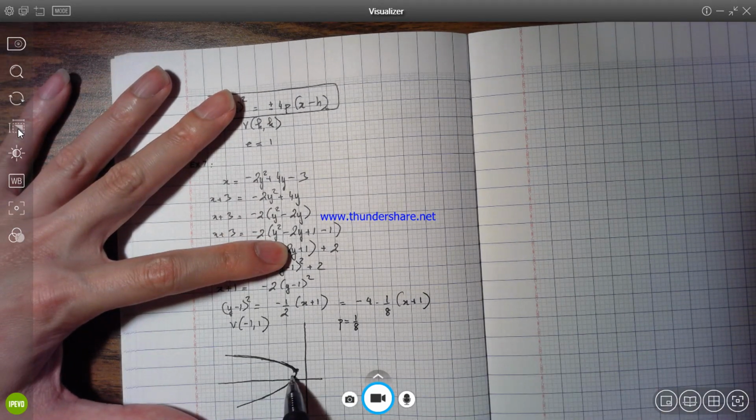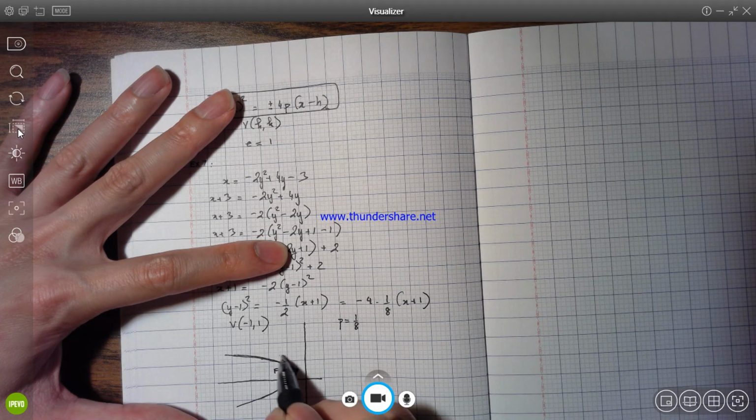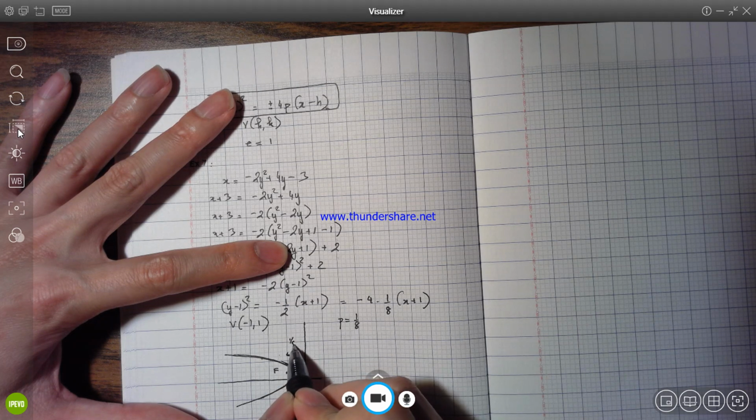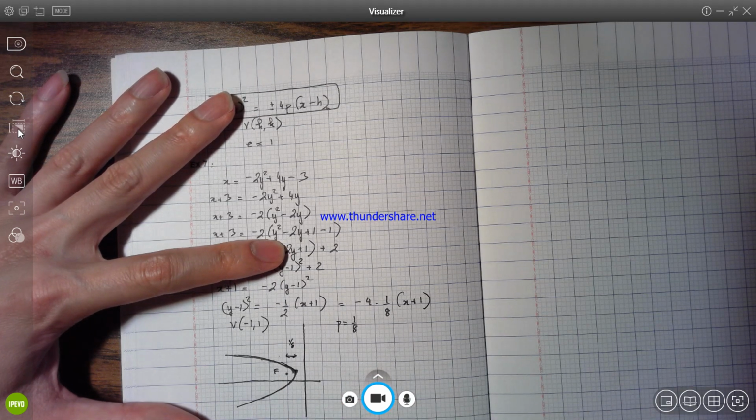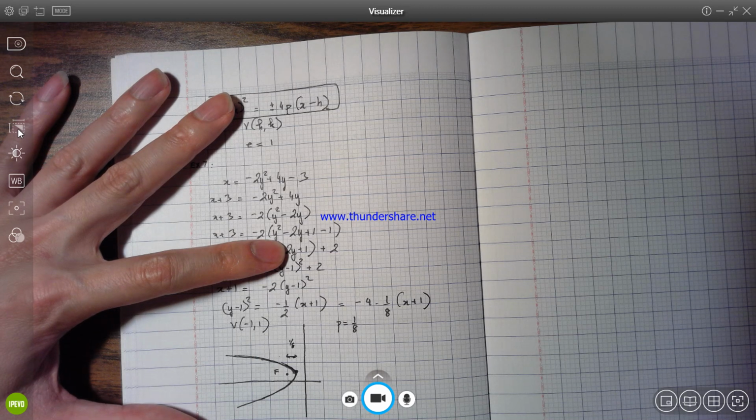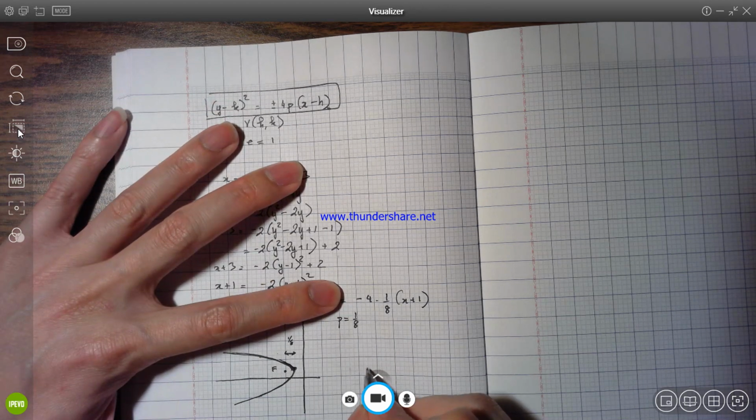So the distance between the vertex and F is just 1/8. So this is your F right here. So from here to here is 1/8.